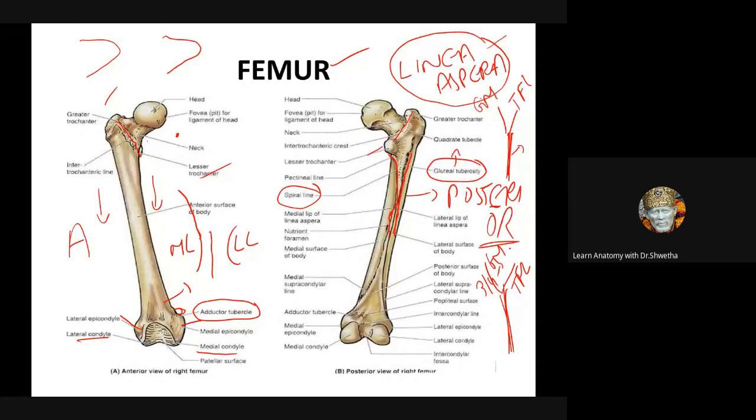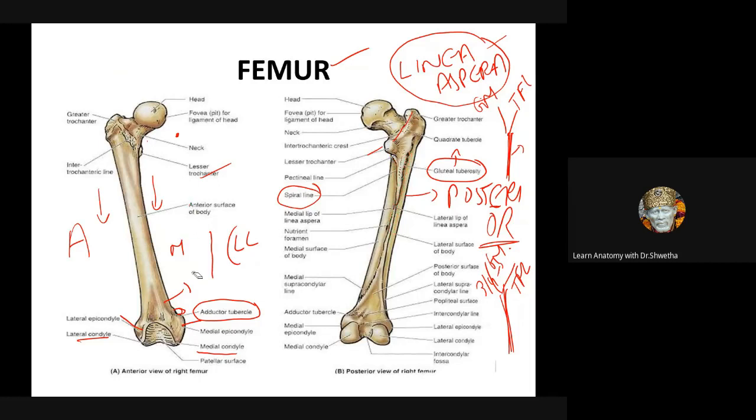Tell me what is attached to the gluteal tuberosity, students? Which muscle is attached to the gluteal tuberosity? Gluteus maximus muscle is attached to the gluteal tuberosity. Now this is an MCQ question.